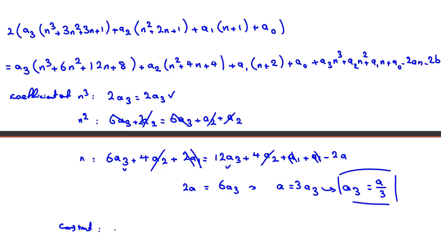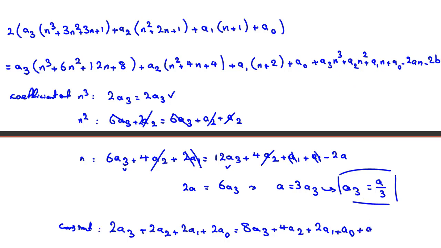Here it is 2a3, 2a2, plus 2a1, plus 2a0, which is 8a3, plus 4a2, plus 2a1, plus a0, plus a0, minus 2b. Okay?